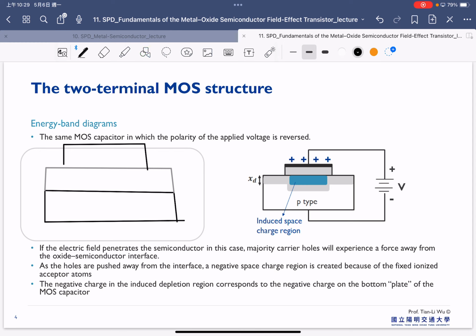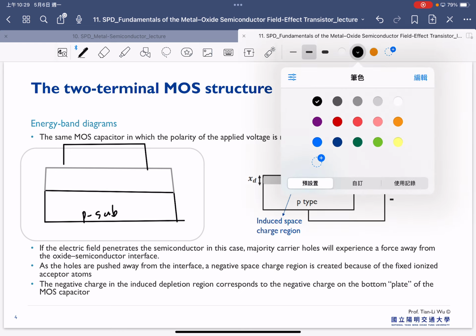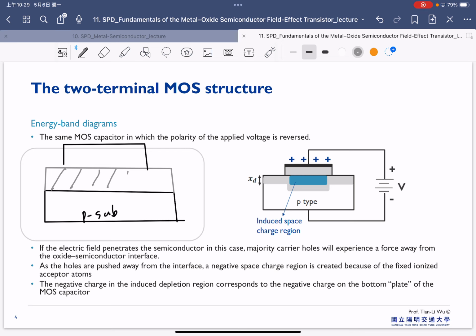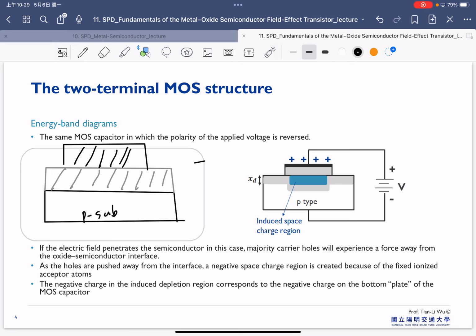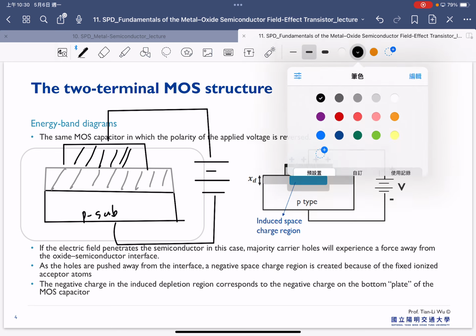The bottom one is the p substrate. Now we reverse our bias, which means we apply the positive bias.